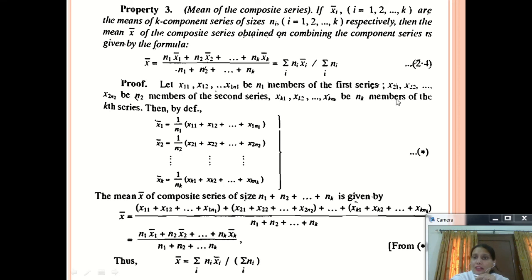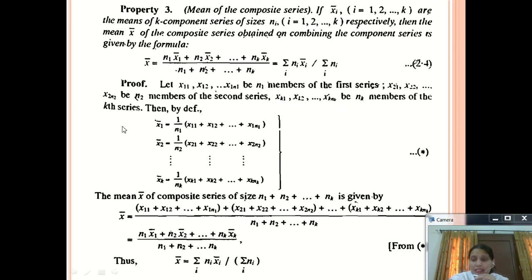Similarly x21, x22, ..., x2n2 be the n2 observations of the second series. Similarly, we have k series, so xk1, xk2, ..., xknk be the nk observations of the kth series.